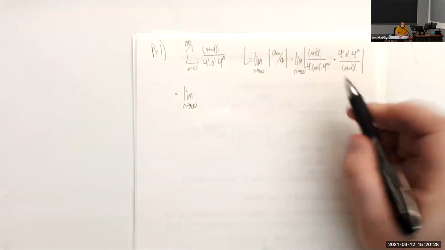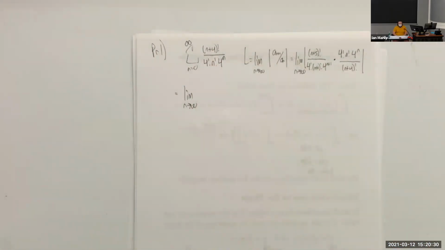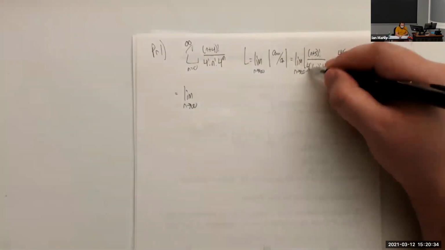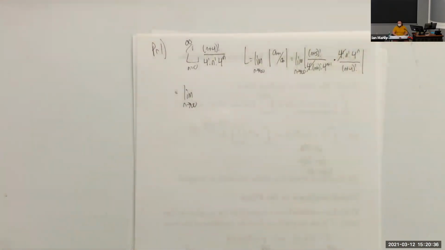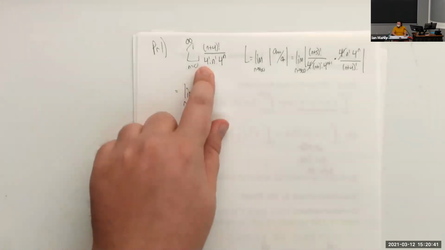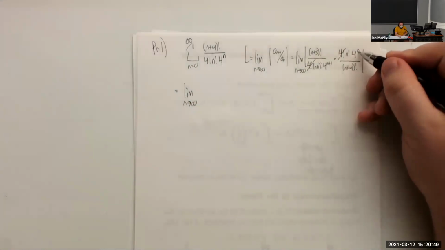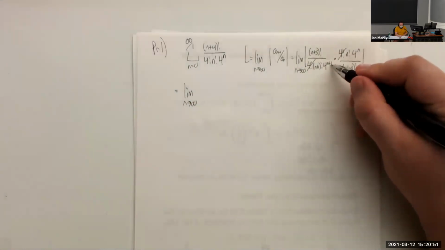Now we can get rid of the absolute values because there's nothing that could be negative here. One nice thing that happens is that the 4 factorial and the 4 factorial just cancel out. So any constants that we have, and this is a constant, it's just 24, will just cancel out in the ratio test. We have 4 to the n and then a 4 to the n plus 1 here.